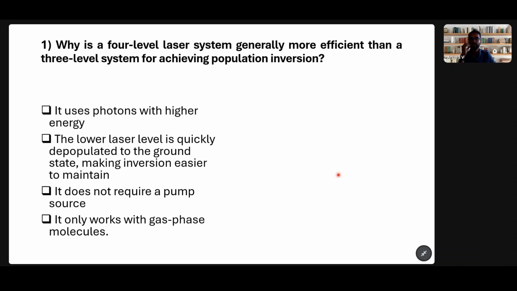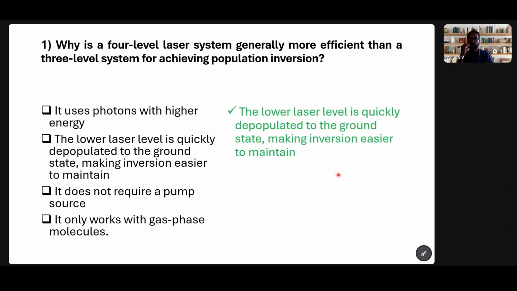So the answer here is option B, the low laser level is quickly depopulated to the ground state, making inversion easier to maintain. We saw that the efficiency of the laser mainly depends on two parameters: the number of photons in the laser and the pump, and also the rate of the non-radiative relaxation relative to the rate of the spontaneous emission.